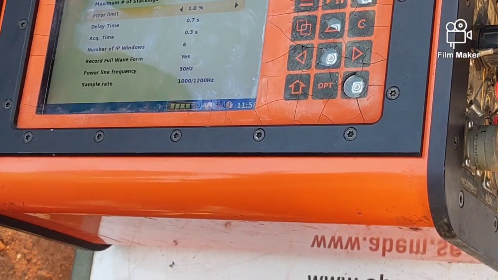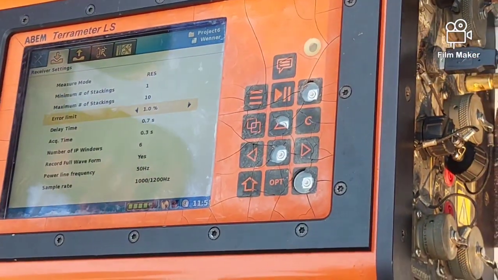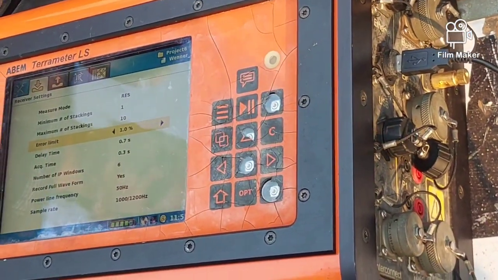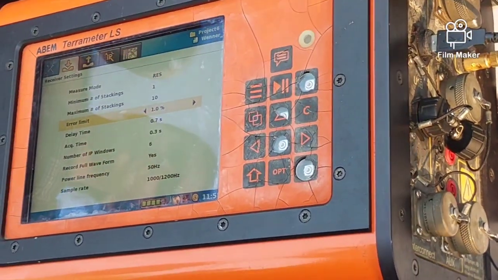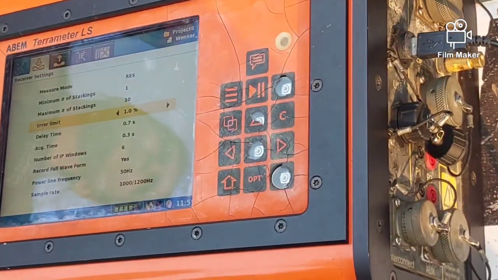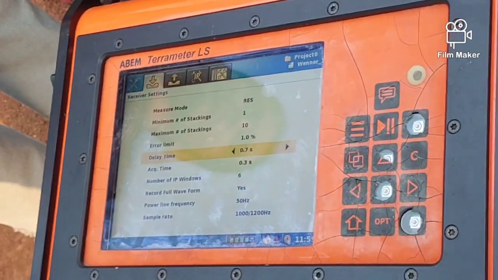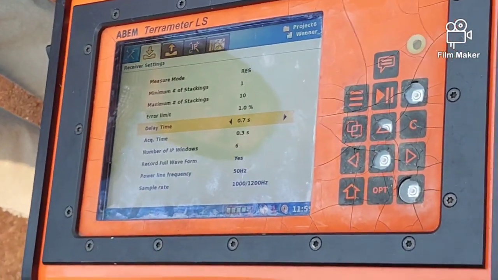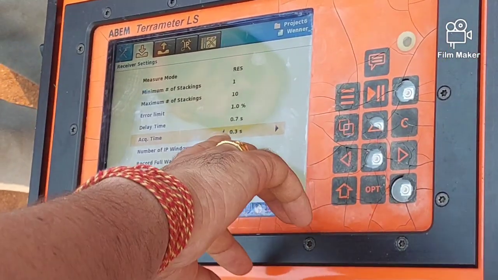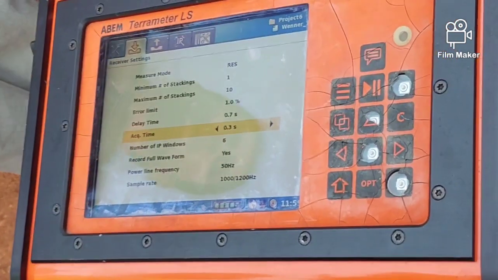When it adds the 10 readings, the noise component in the data, that is the out-of-phase component, will get reduced and diminished. To take each reading, it will delay for 0.7 second and record the data for 0.3 second, which means to take one reading it will take at least 1 second.